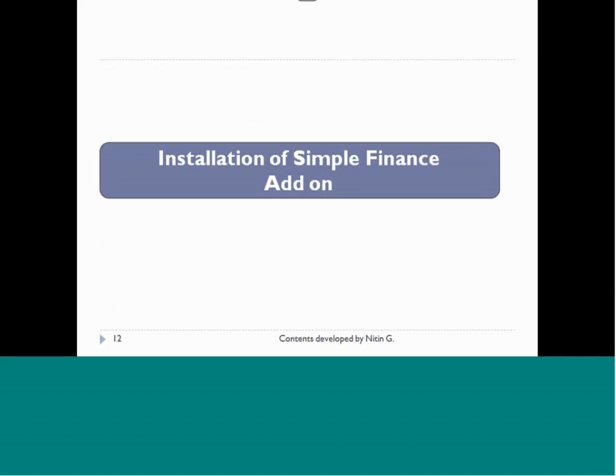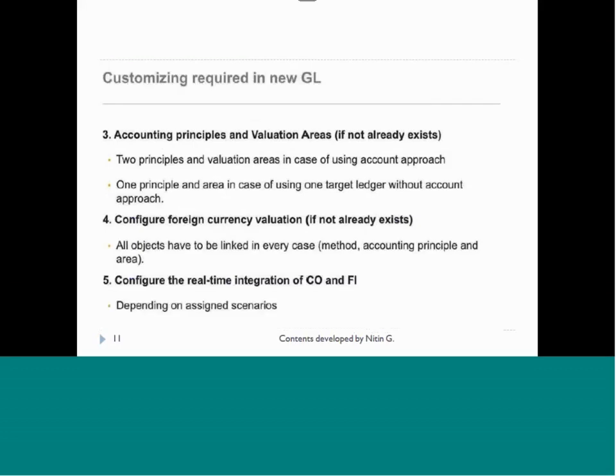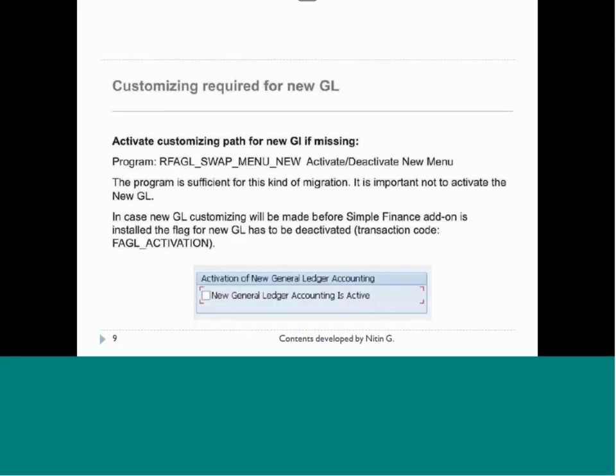Yeah, just one more question. So if you are in new GL already, we need just to deactivate the flag, correct? If you are in new GL already, then we need to deactivate the new general ledger accounting? No, you don't need to deactivate.